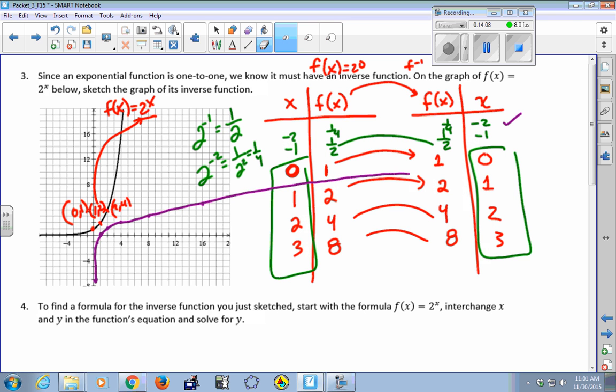Very slowly. Okay? As opposed to your exponential function, which starts growing really, really slowly. Not too much going on. And then when your output gets to be a certain number, and you double it, up it goes. This one starts off really quickly. Look, it's almost a vertical line.